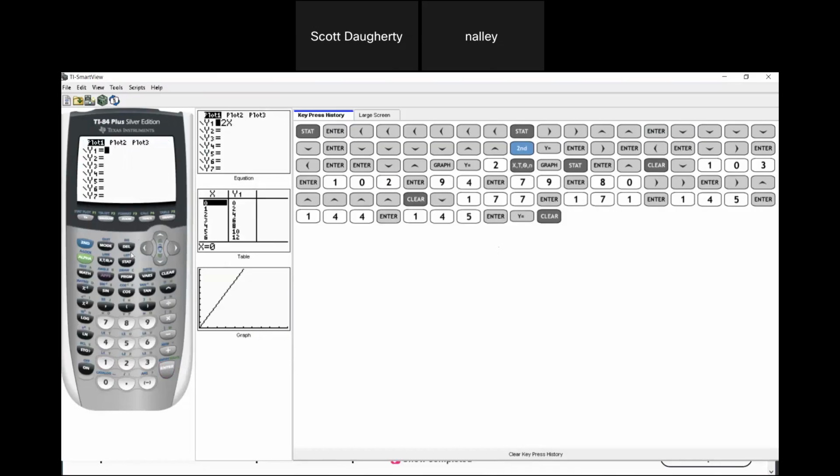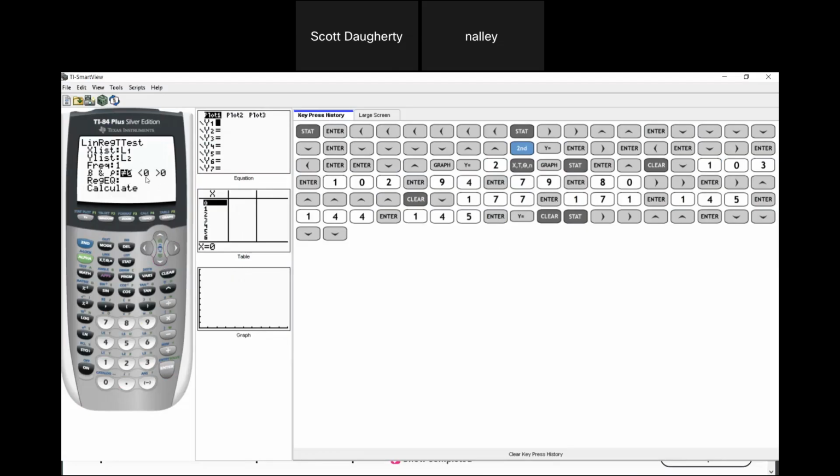And then, like we did before, go to Stat and then Tests, and then scroll down to LinRegTTest. Make sure X is L1, Y is L2, the frequency is 1. We're testing with an alternative hypothesis of rho is not 0. Now remember, you could do less than 0 or greater than 0.